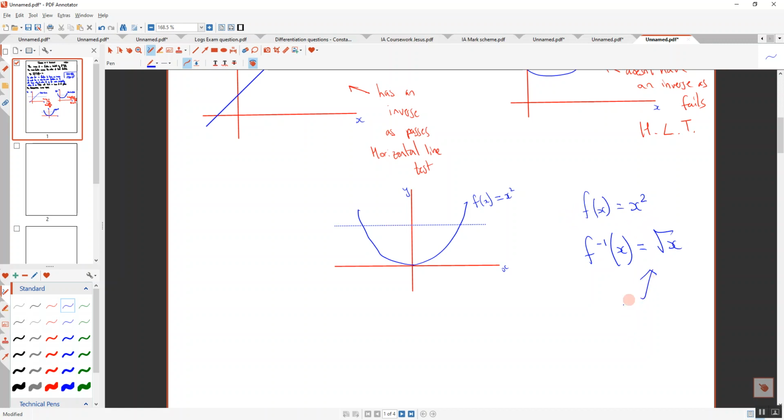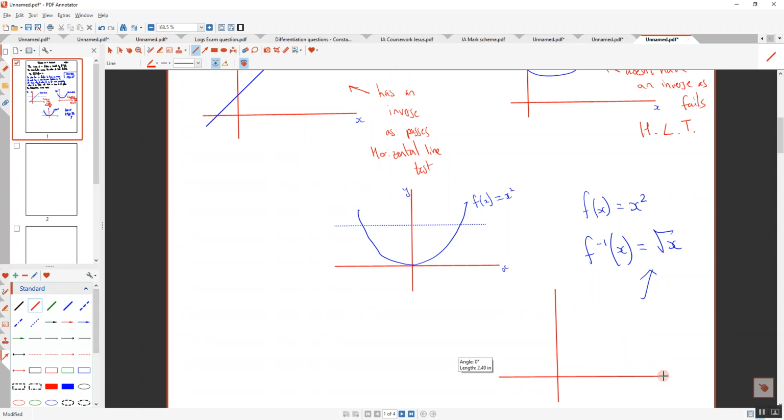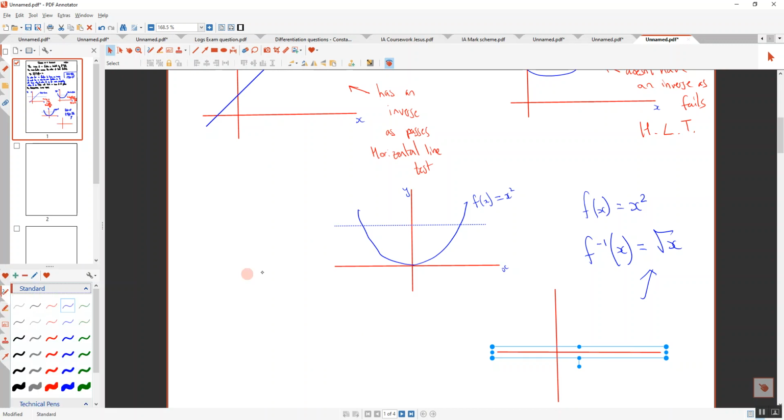And if I was to draw root x, what it looks like is the following. Root x looks like this. It goes like that and like that.